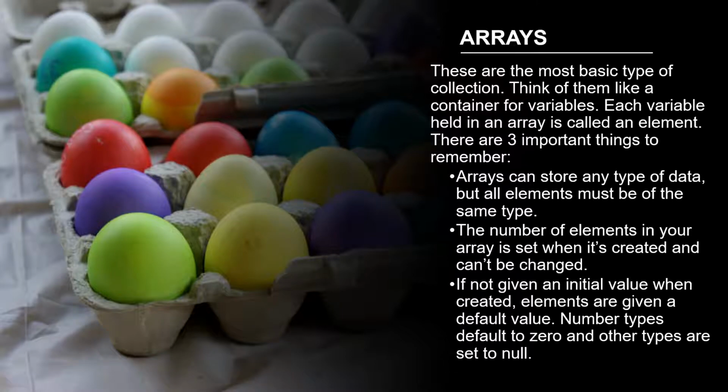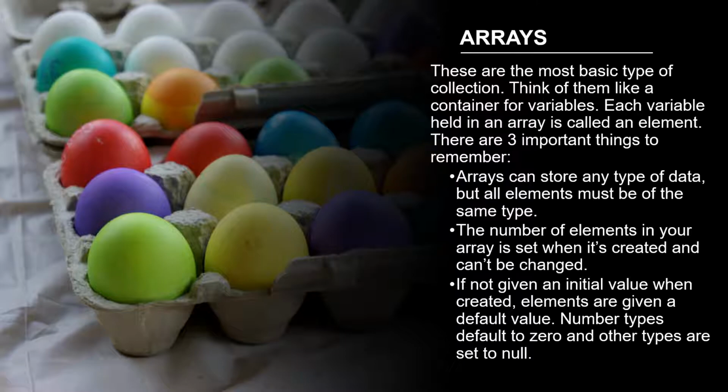A little bit about arrays, we're going to cover those first, is that these are the most basic type of collection. Think of them like a container for a variable. Each variable held in an array is called an element, and there are 3 important things to remember about arrays. Arrays can store any type of data, but all elements must be of the same data type.